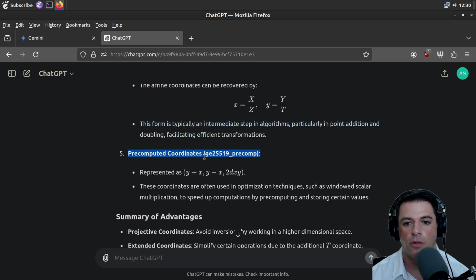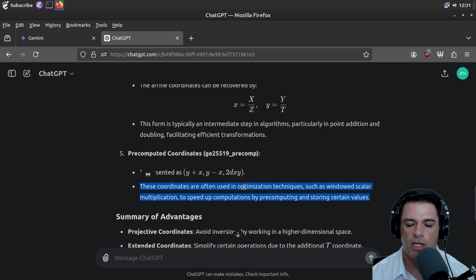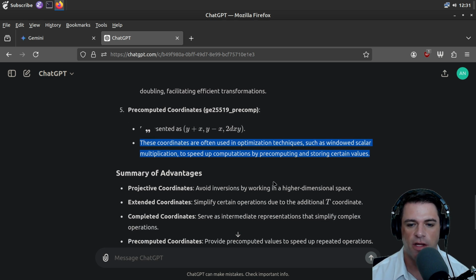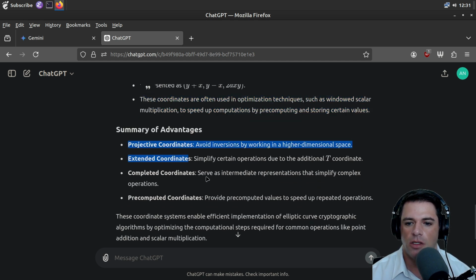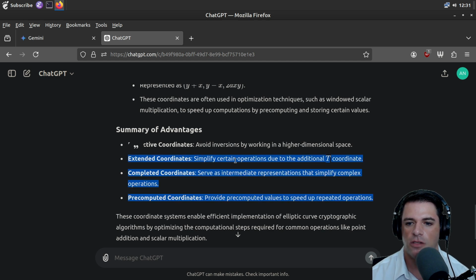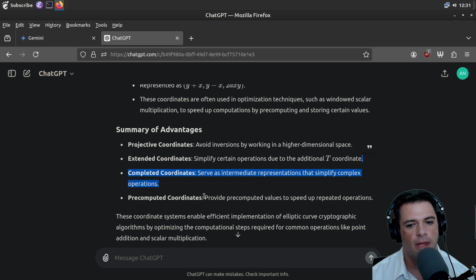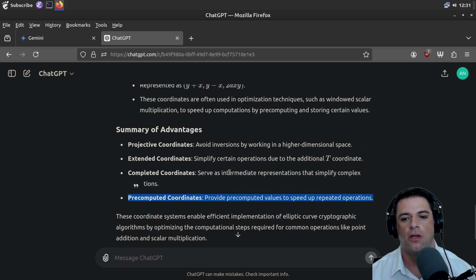And precomputed coordinates are often used in optimization techniques, such as windowed scalar multiplication, to speed up computations by precomputing and storing certain values. So here are the advantages: extended coordinates basically simplify different operations, completed coordinates are mainly intermediate, and precomputed coordinates provide precomputed values to speed up repeated operations.